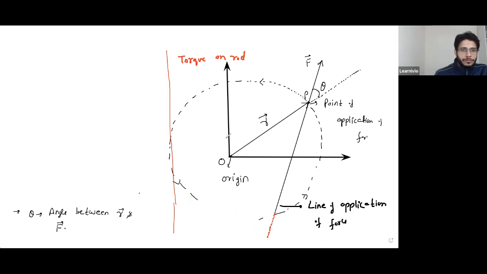And this is the origin. So the perpendicular distance between this line of action of force and the origin is this. This is the perpendicular distance between the axis of rotation and this line of action of force, R perpendicular.